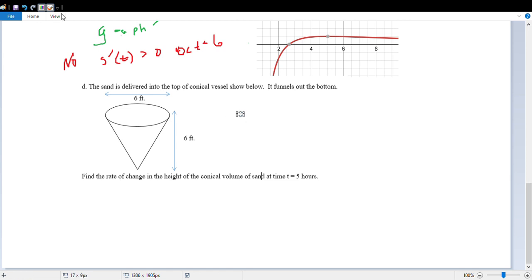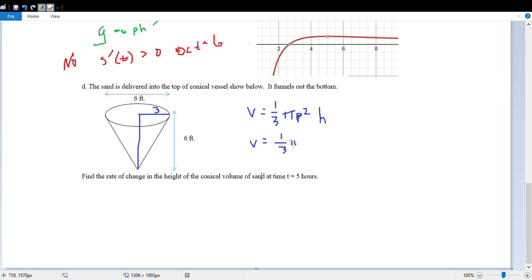The volume formula is 1/3 pi r squared h. And we can see by similar triangles that this r is always half of the h. And we're looking for a rate of change in height, so I'm going to do a substitution and try to get everything in terms of h.